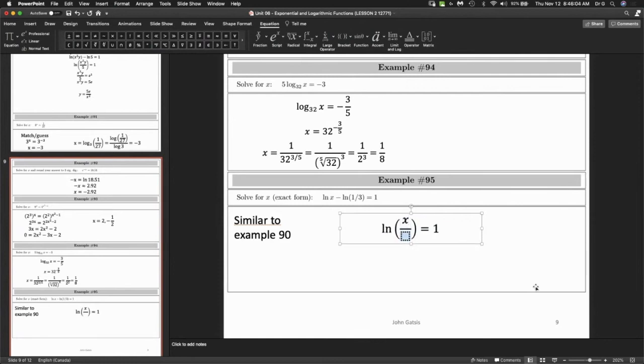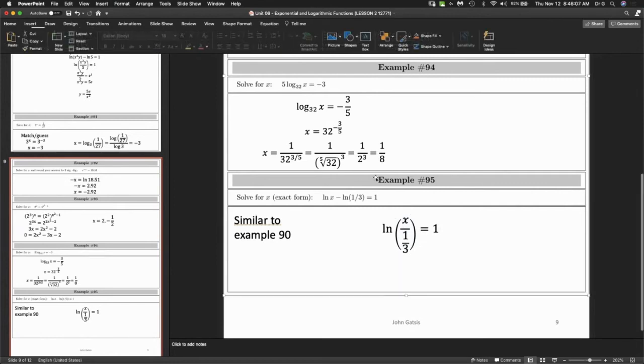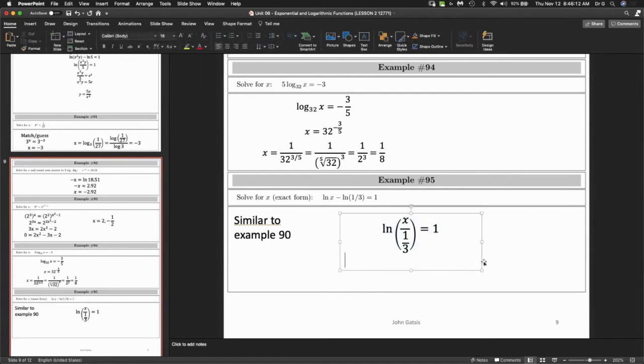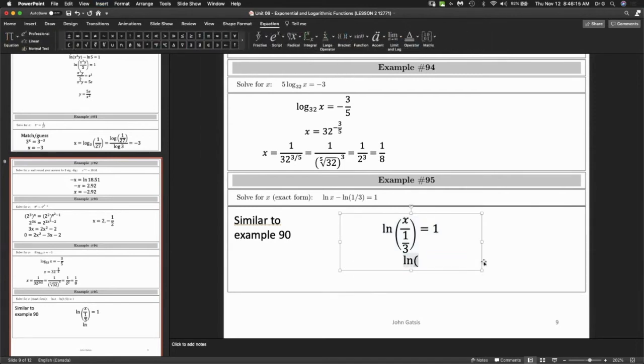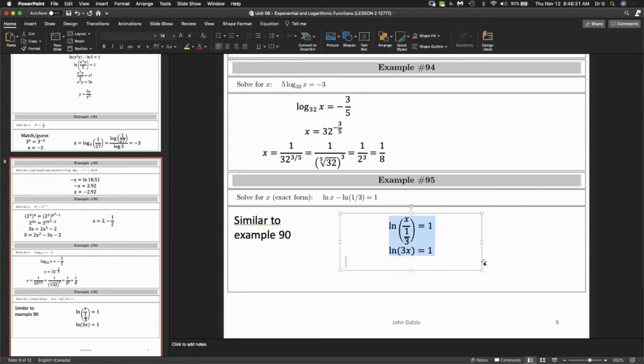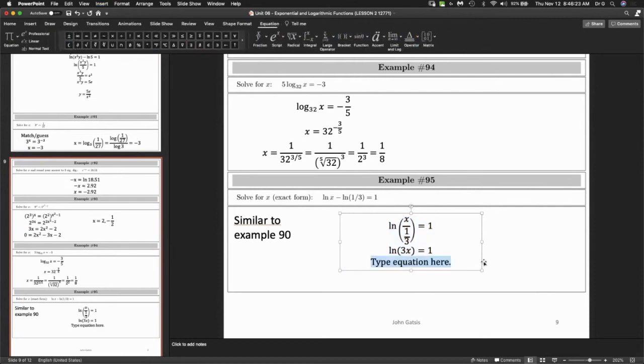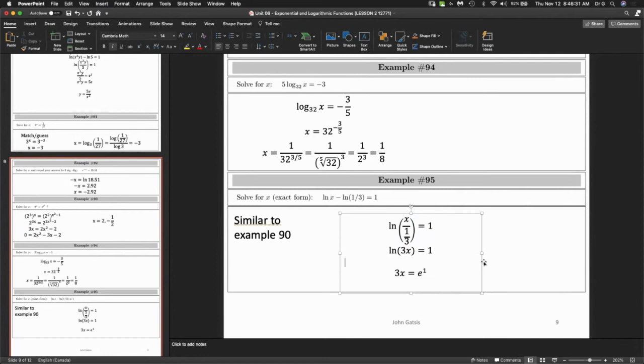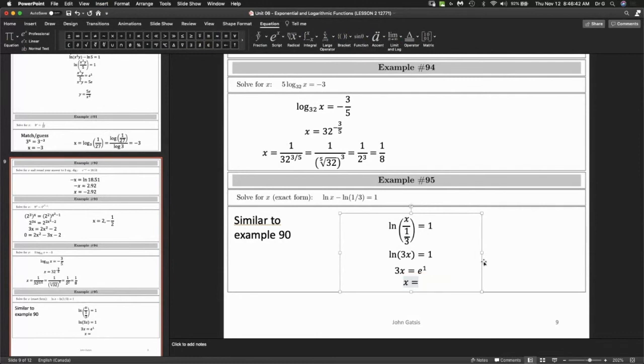So it's x divided by a third. Because it's subtraction here, when you subtract, you divide the two quantities, and then you can invert and multiply. And then write it as an exponential. So 3x equals e to the 1. I took the anti-logarithm there. And then finally, the answer is x equals e over 3.